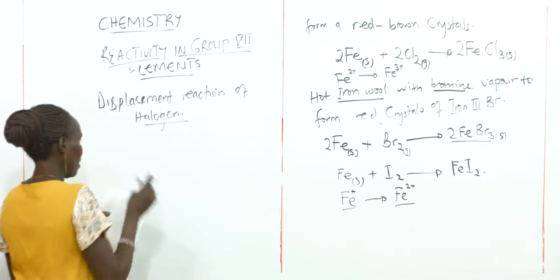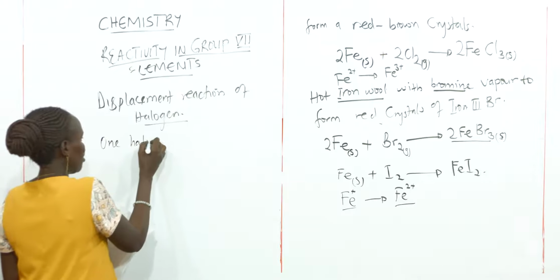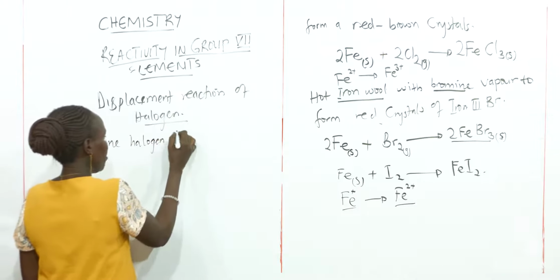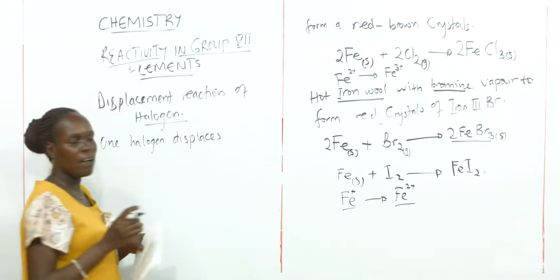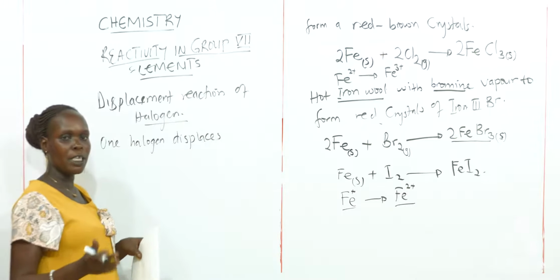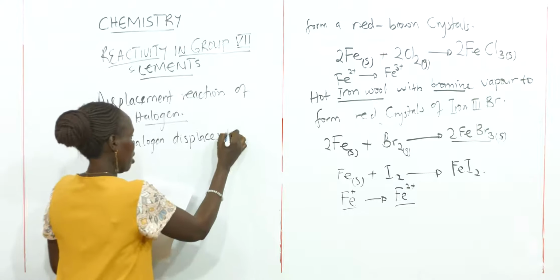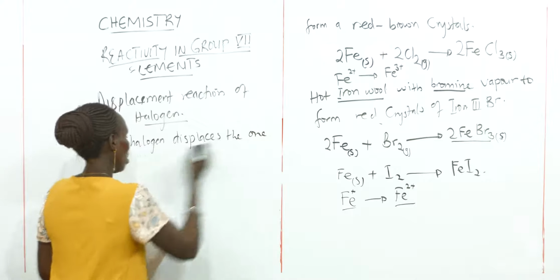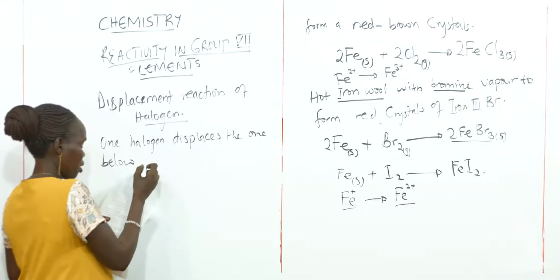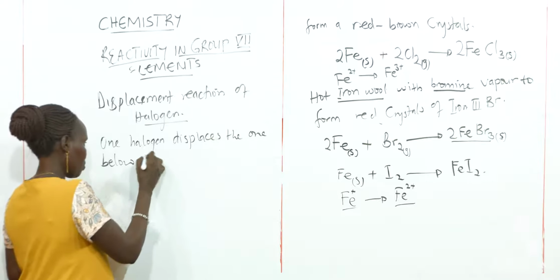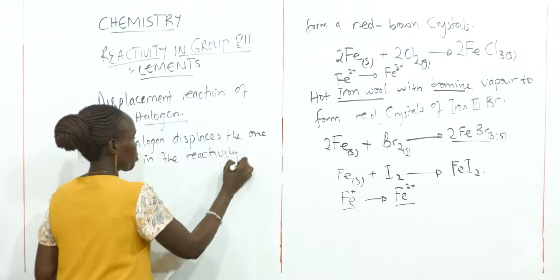A halogen will take the place of the other halogen which is less reactive. It displaces the one below it in the reactivity series.